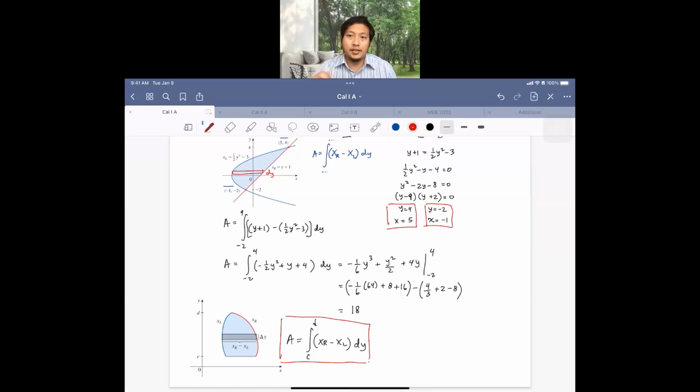But in some cases you can do both ways. You can do dx, you can do dy. Depends on the functions. So I believe it's up to you to decide which method you are going to use. But in some cases it only works for dy, some cases only work for dx. So you need to be wise to look at the question.